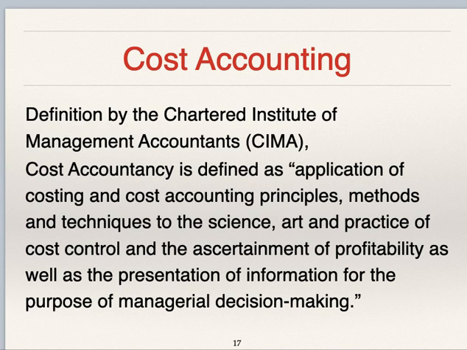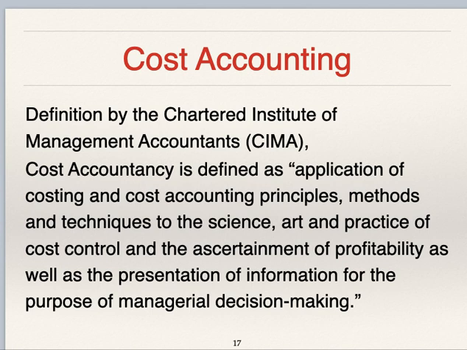Next is cost accounting. The definition of cost is given by the Chartered Institute of Management Accountants. Cost accountancy is defined as application of costing and cost accounting principles, methods and techniques to the science, art and practice of cost control and ascertainment of profitability as well as presentation of information for the purpose of managerial decision making.